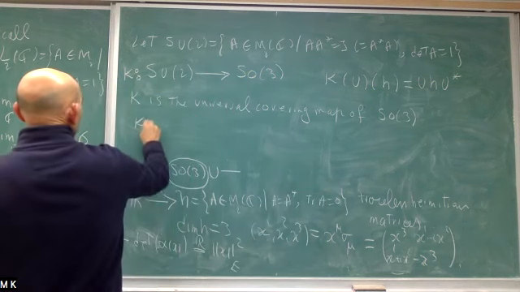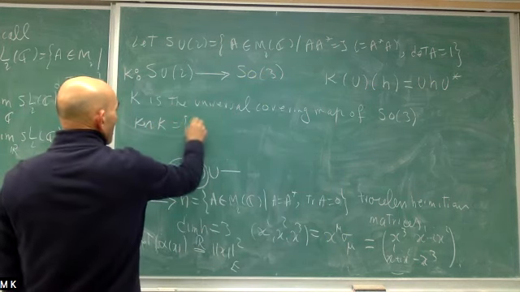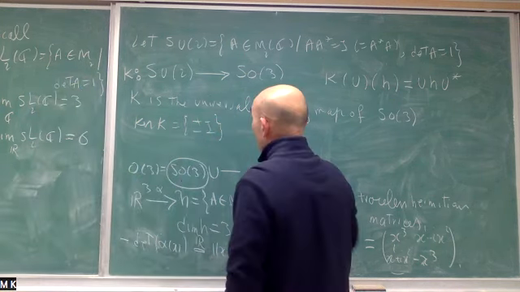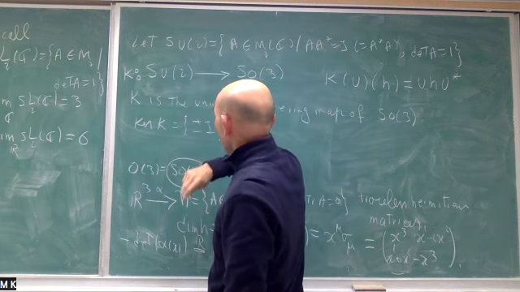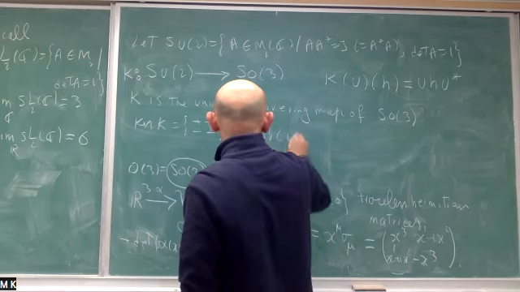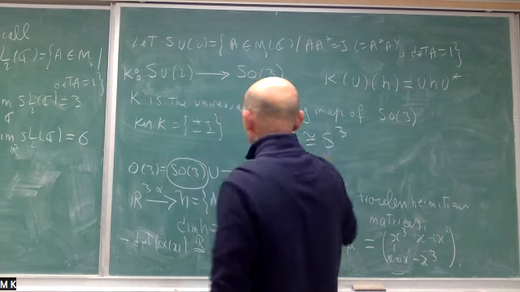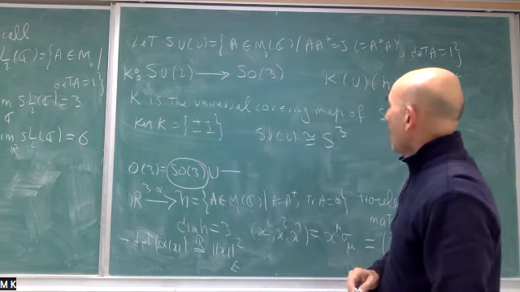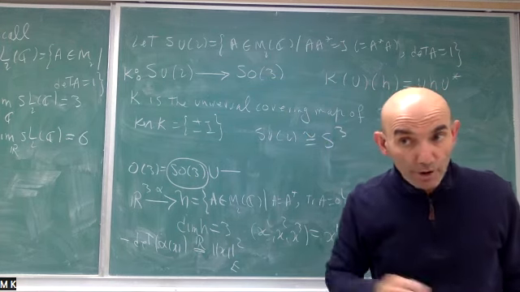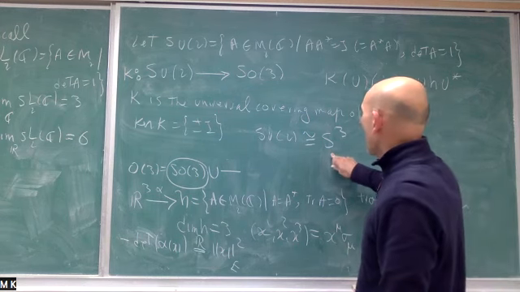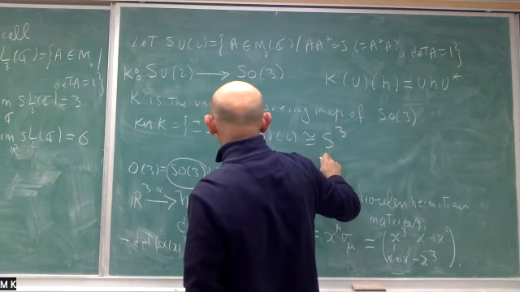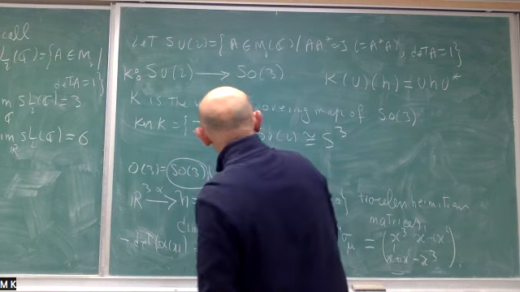So the kernel of K has two elements. We can convince ourselves that it's actually simply connected. In fact, SU2 is isomorphic to S3, and we can write an explicit isomorphism, for example, using quaternions, which are Clifford algebra elements. Once we have that, we can convince ourselves that this is simply connected, because S3 is simply connected, and this map is the universal cover.